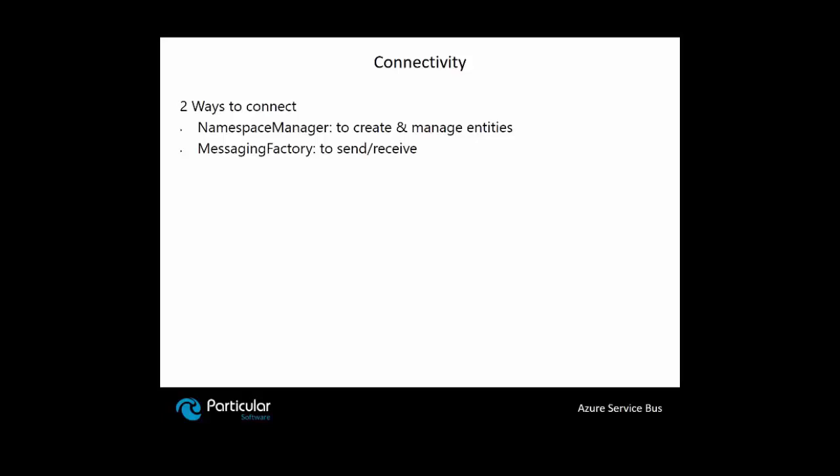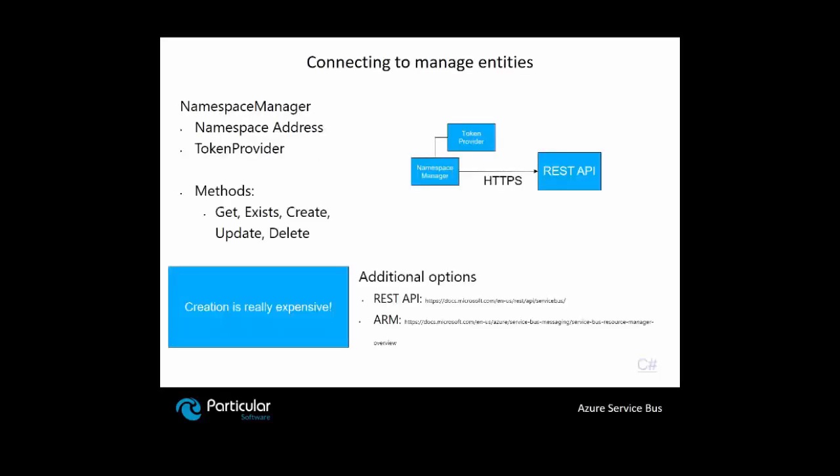I will show you both how to use them and what you need to keep in mind while you're using them. So the Namespace Manager is the SDK class which allows you to manage the namespace or the entities inside the namespace. In order to do so, you need to provide two different things.